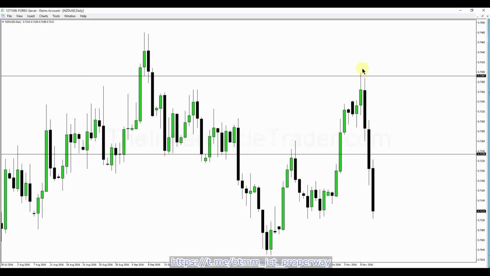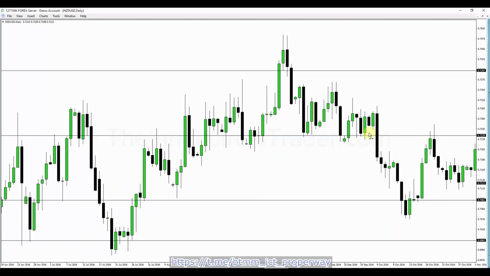See it trading it here. Minimum expectation is to trade down to here. The next one would be down here. So you want to reach for that, and then below these lows.